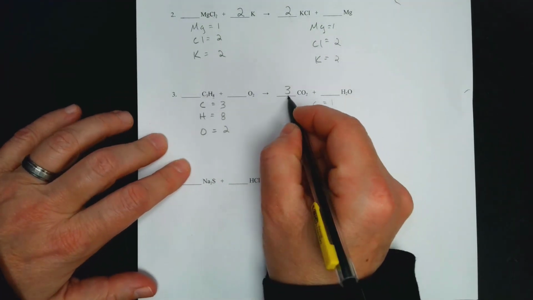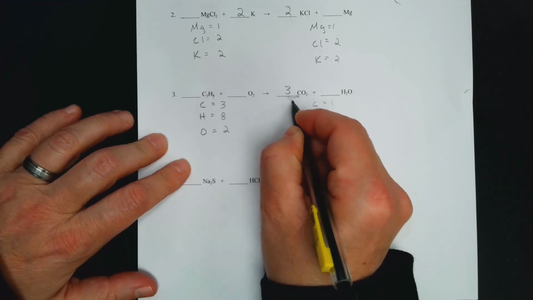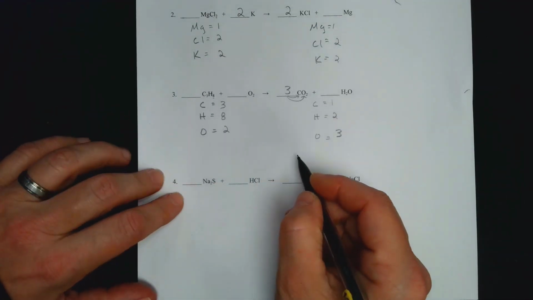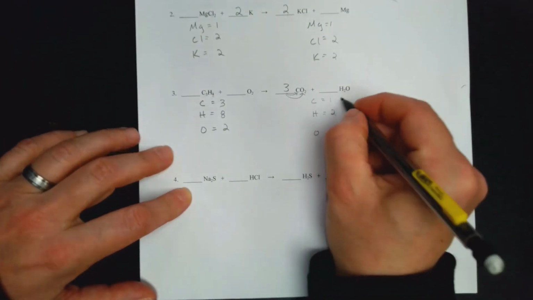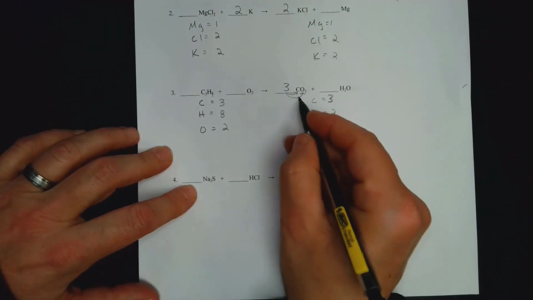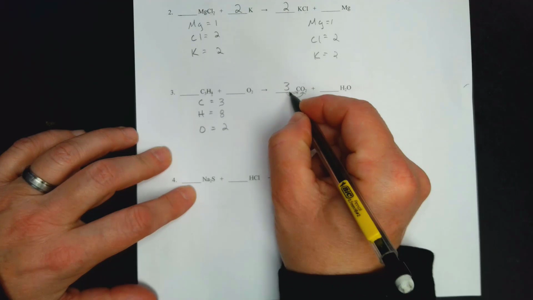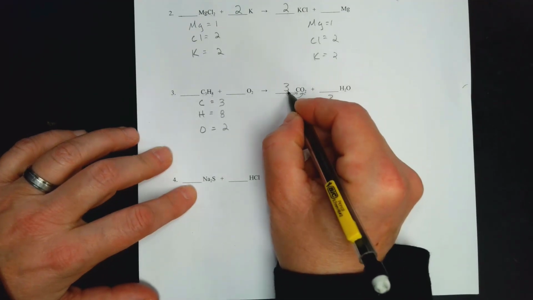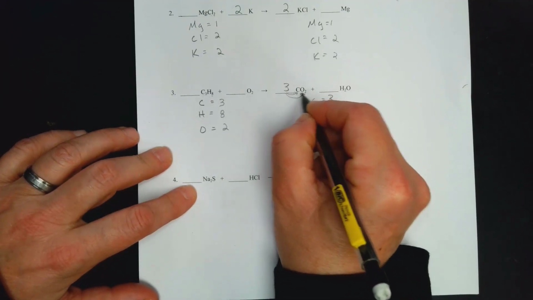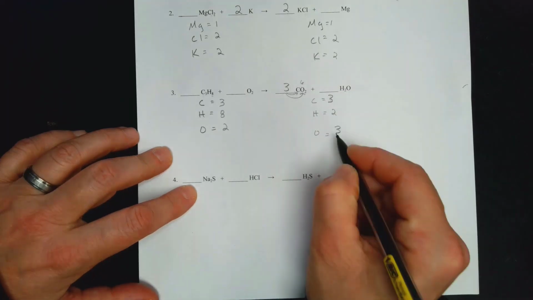Now, because this is a coefficient, it relates to everything that is in that compound. So now I've got 3 carbons, and I've got 3 times 2, because whenever we take something with a subscript, we have to multiply it. So 3 times 2 is 6 oxygens.